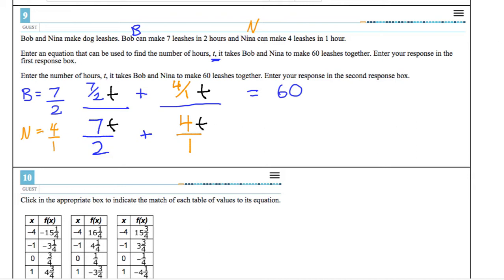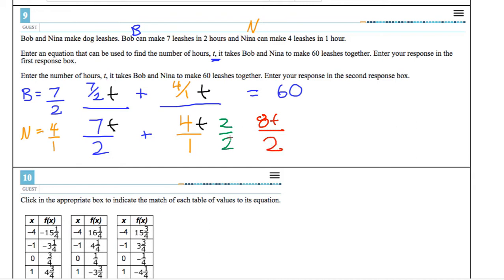Well, notice here that we don't have like denominators. These bottom numbers are not the same. How can we get the bottom numbers the same? We can multiply the right-hand fraction by 2 over 2. If we do that, then we'll have 8t over 1. So when I multiply, I get 8t over 2.